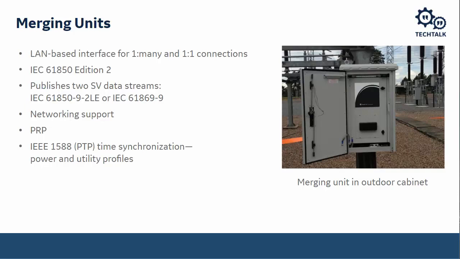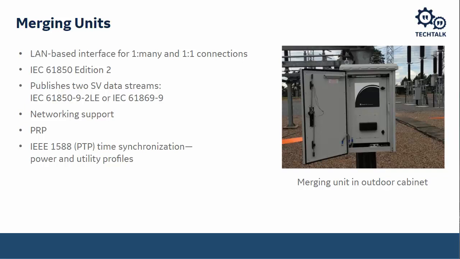Now, the MU320 there supports, in addition to 61850, 61869 or 61850-9-2 LE. The other piece of this is it can subscribe to the time signal from the UR relay.